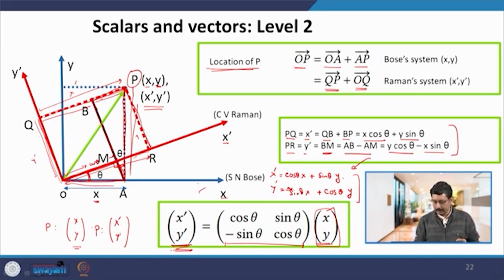Then this is the formula, this is the relation that gives me the new coordinates. So, how do I go from the blue system to the red system? I rotate the x axis of the blue system by an angle theta. So, this particular operation is called rotation by an angle theta. This is an example of a coordinate transformation.